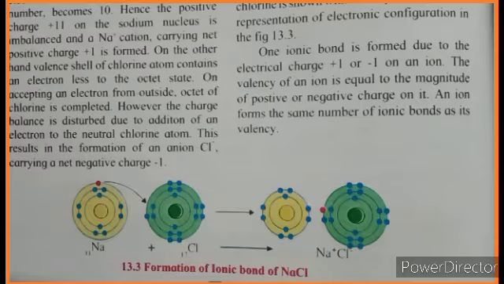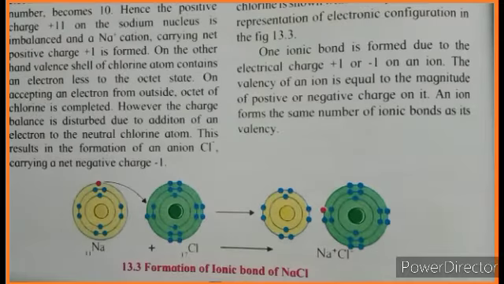Here in this diagram, you can observe formation of ionic bond of sodium chloride. Here this is the atom of sodium. In this atom, there are 11 electrons. The outermost shell of this atom show a single electron.